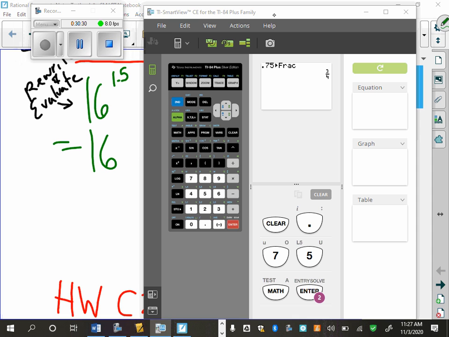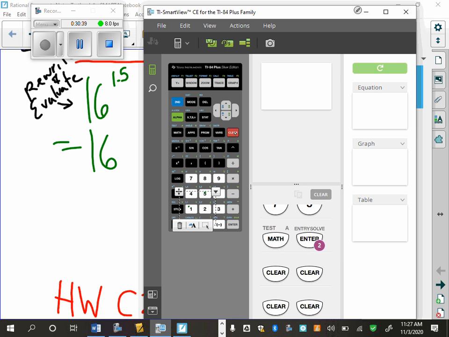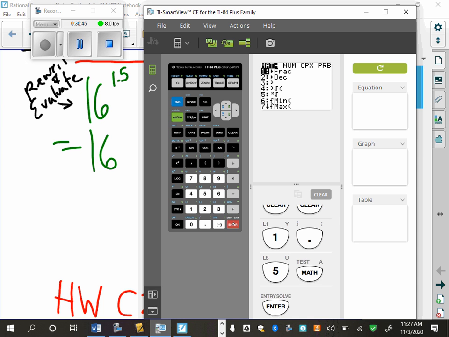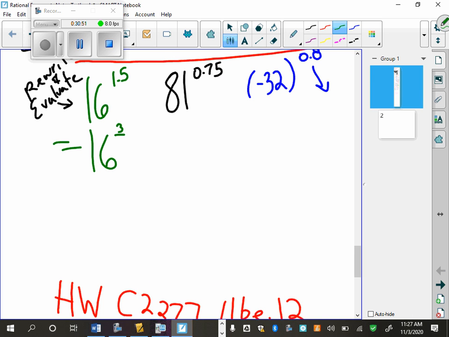So you press 1.5, math fraction, equals. And you get 3 halves. Okay, hopefully you know 1.5 means 3 halves. If you don't, punch it in your calculator.